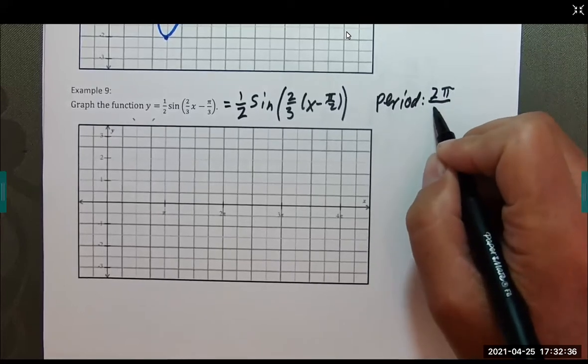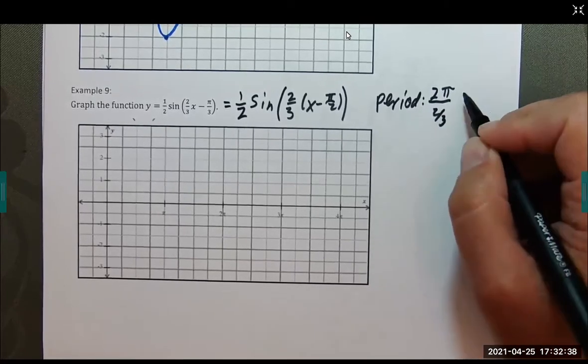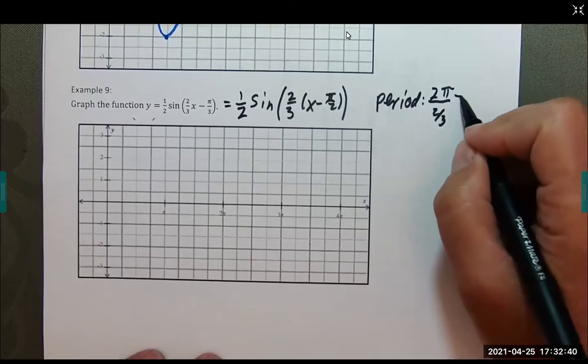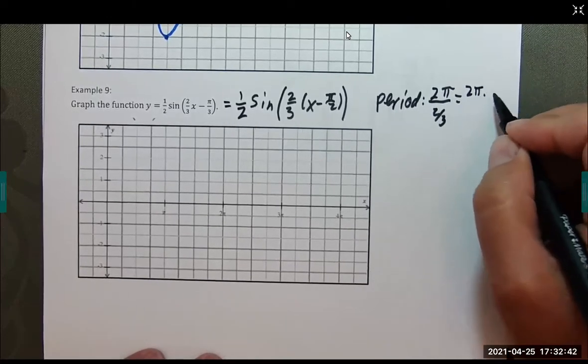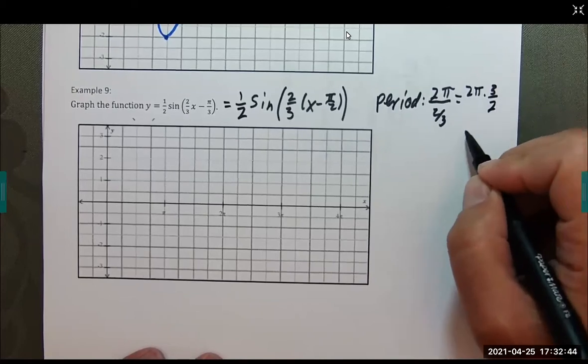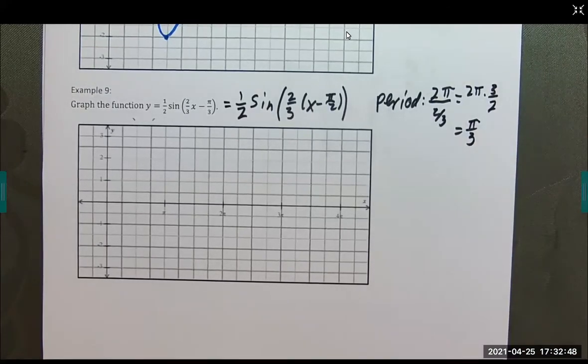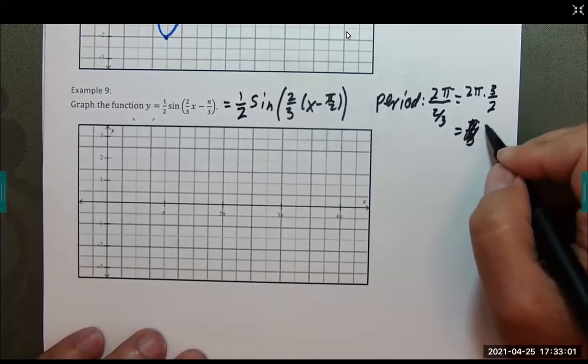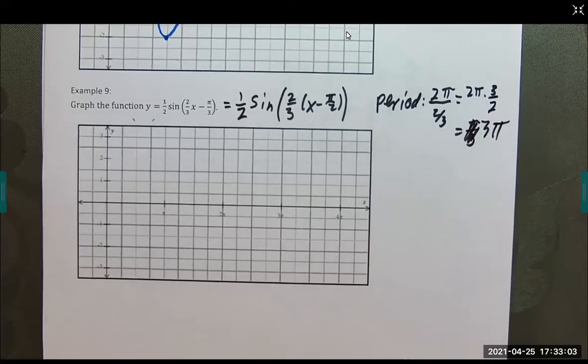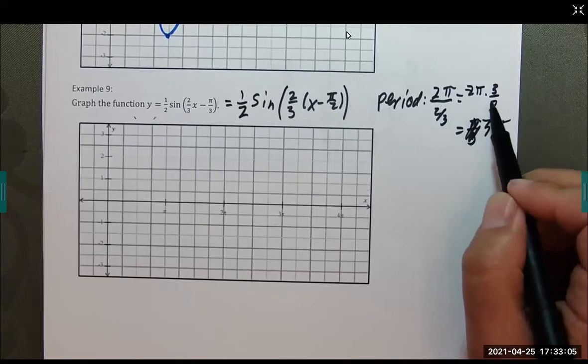Two pi divided by 2/3, which is 2 pi times 3/2, which is, oh, 3 pi. 3 pi. The 2's reduce out, right? Then we get 3 pi.